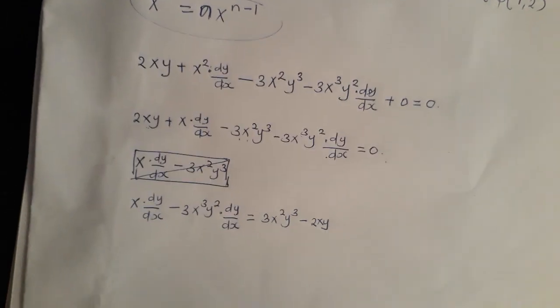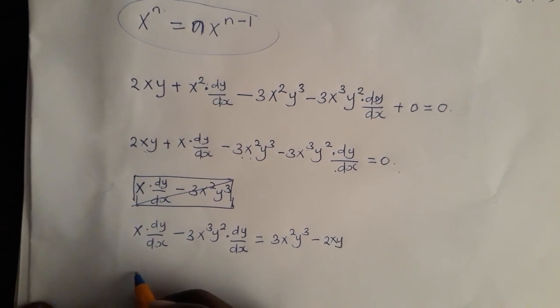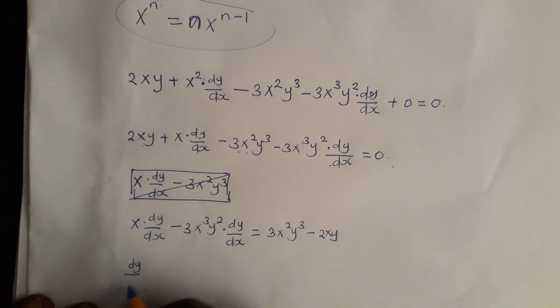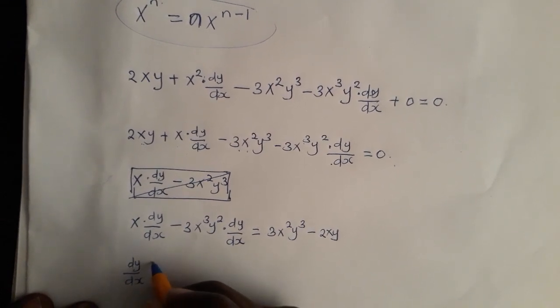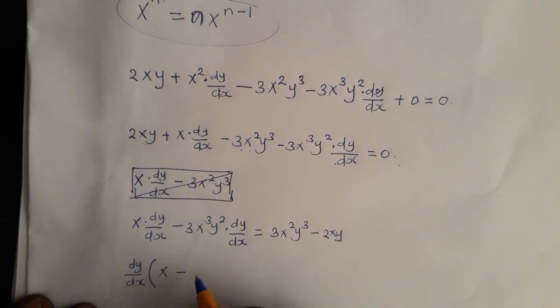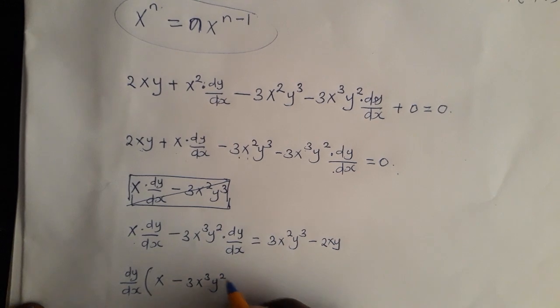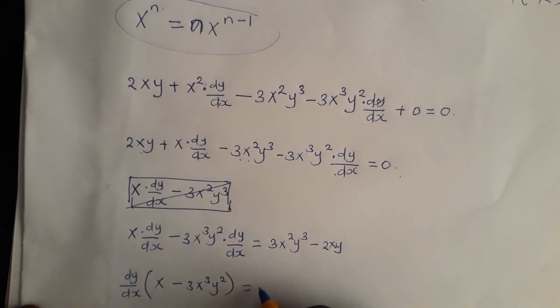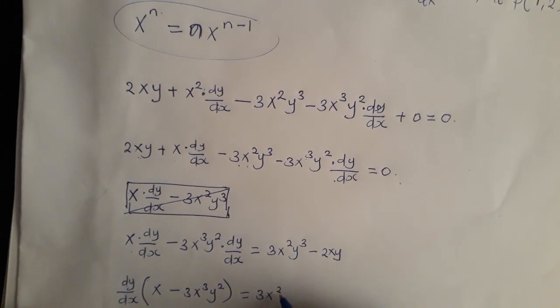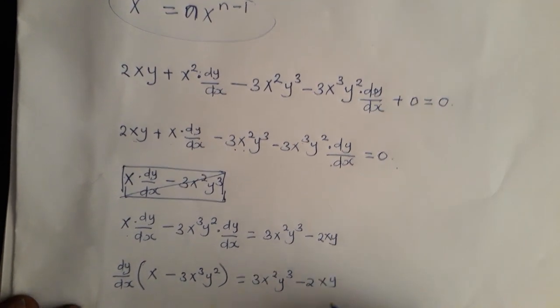So let us factor out dy over dx. We are going to have dy over dx, then in brackets, x minus 3x power 3 y power 2, is equal to 3x squared y power 3 minus 2xy.